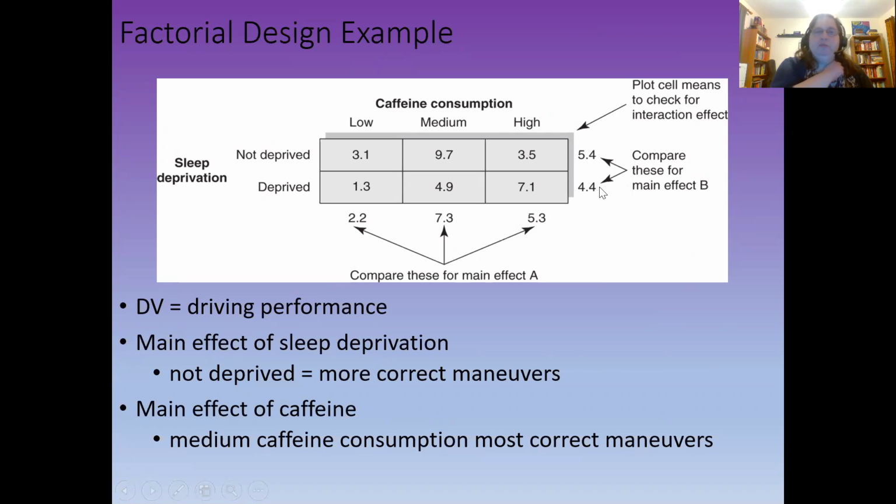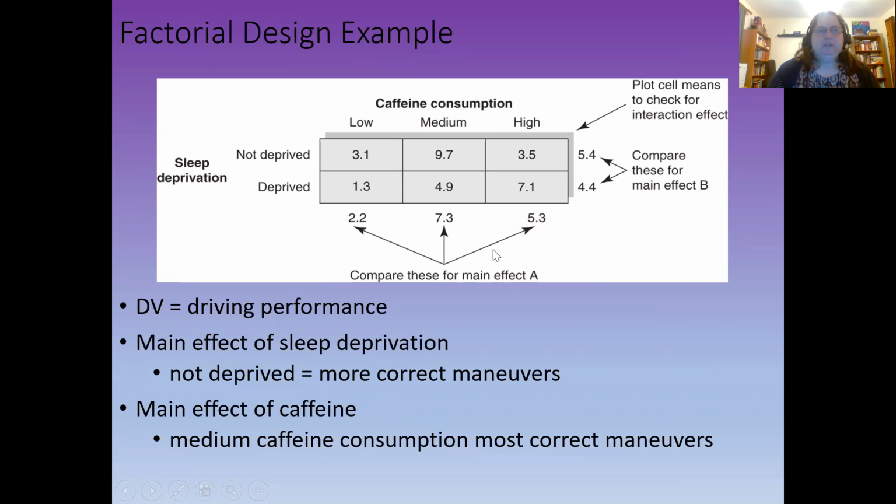And by the way, this is their performance in a driving simulator. So how well they perform, how many correct maneuvers they make is what we're measuring. Okay, so that's our DV, how many correct maneuvers in the driving simulator. So it looks like not deprived is making more, we don't know if significantly more, but more correct maneuvers than the deprived group. That's not too surprising.